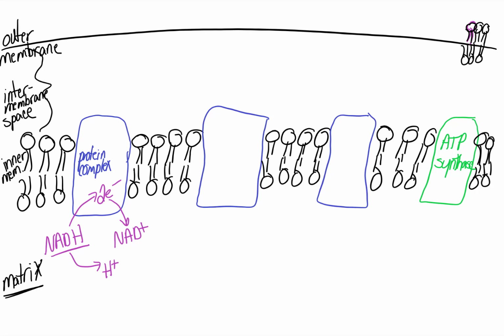Now, this NAD+ can go back into the matrix and again gain electrons from the oxidation of glucose or one of its intermediates. Now, this transfer of these 2 electrons is a redox reaction. In this case, NADH is oxidized.